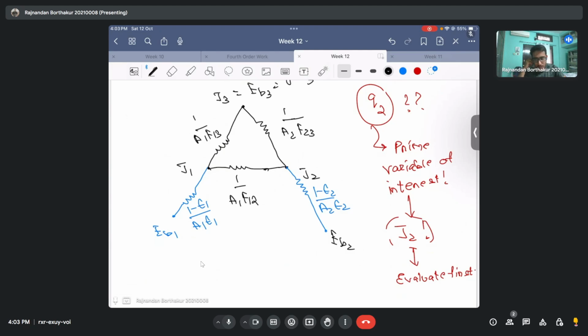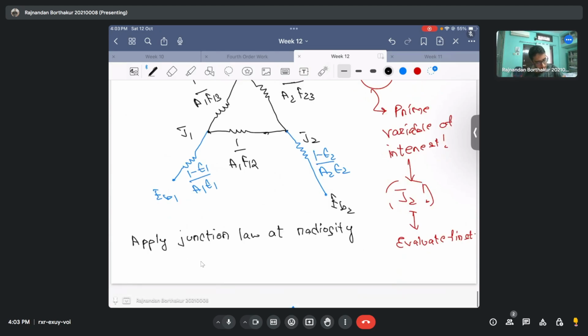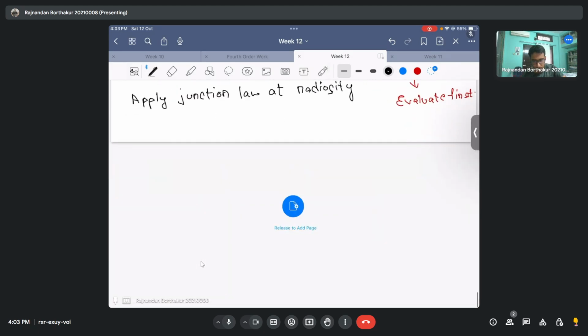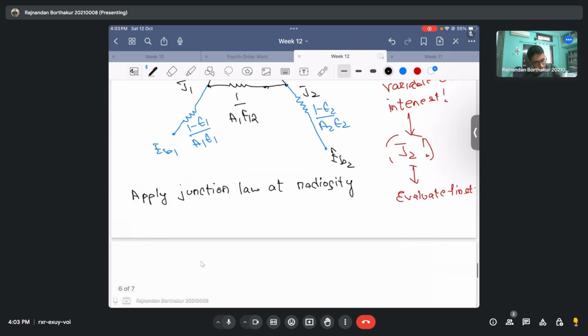So what we will do is apply the junction law at, let's say, radiosity node 1.